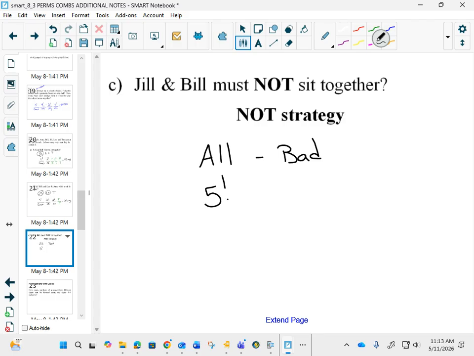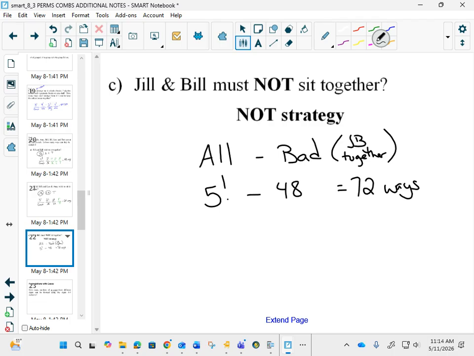Subtracting the bad ones, well, the bad ones we counted in part A. The bad ones would be Jill and Bill together. We counted 48 of them. If we take the 120 and minus the 48, we're going to get the 72 ways that they're not together.